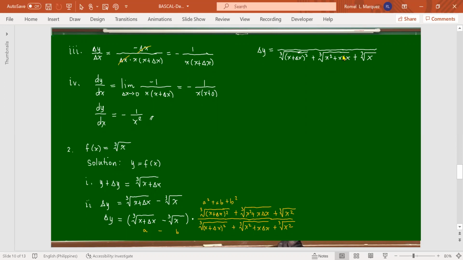Okay? And the numerator, a cube minus b cube. So that is x plus delta x minus x. Am I correct?